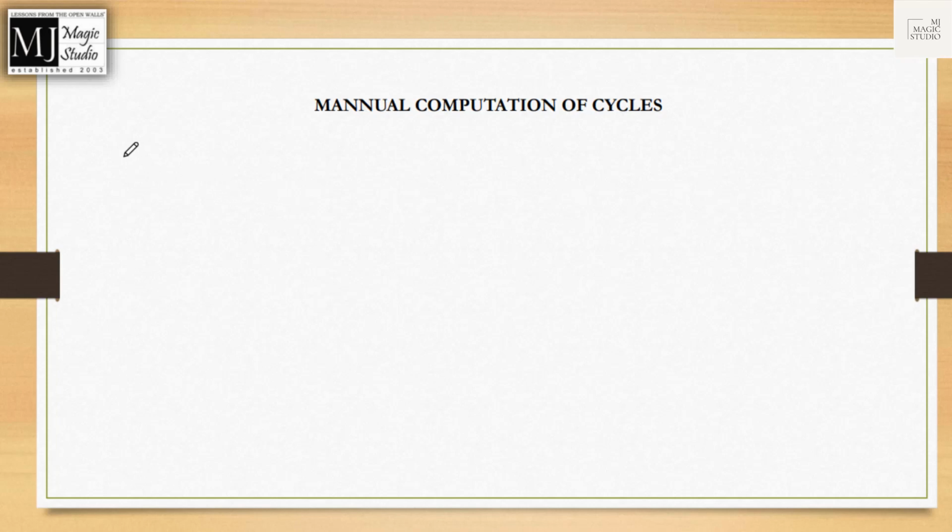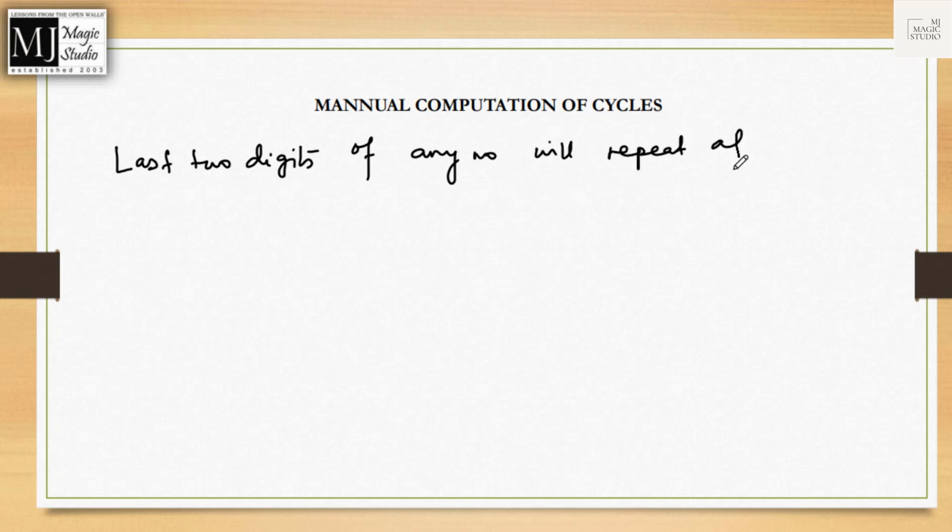The fact with computation of cycle is that the last two digits of any number will repeat after every 20 powers. Take any number, after every 20 powers its last two digits will repeat.